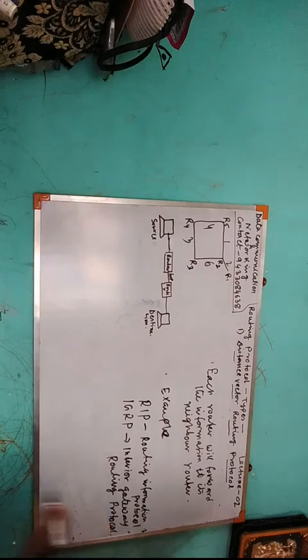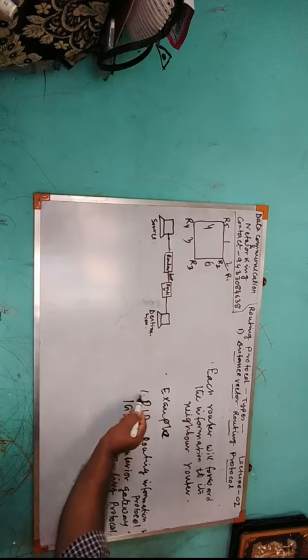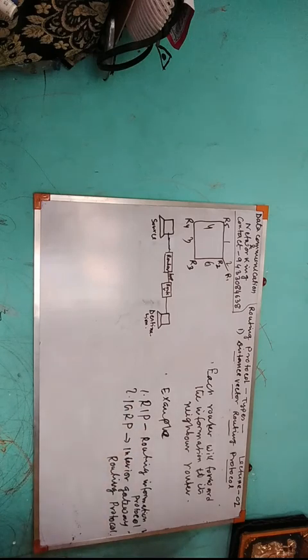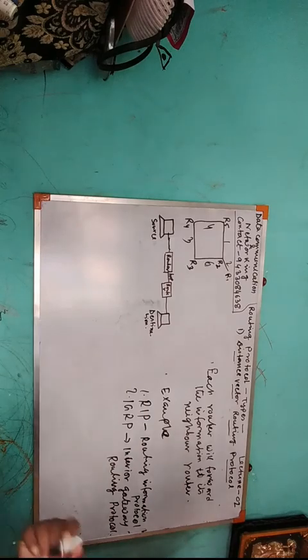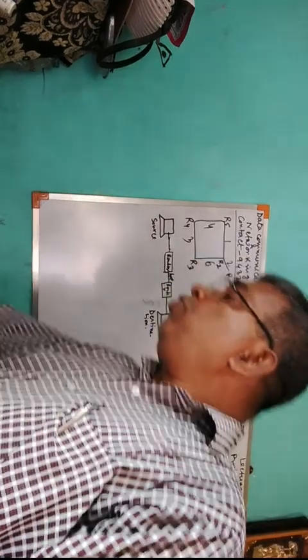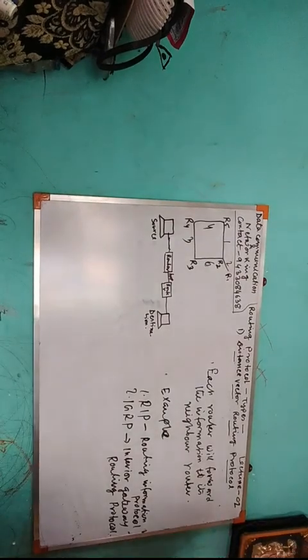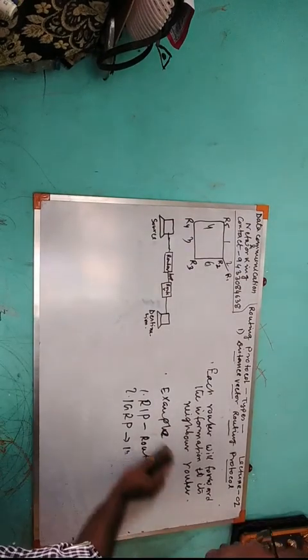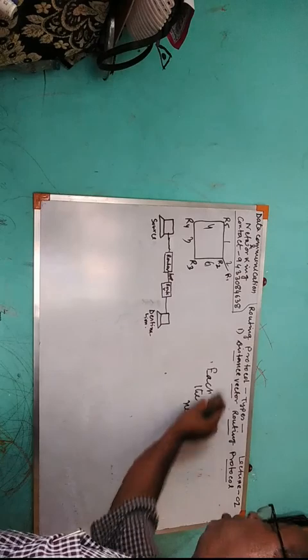These two are popular distance vector routing protocols. Then I am coming to link state routing protocol. Then I'll discuss the difference between these two.